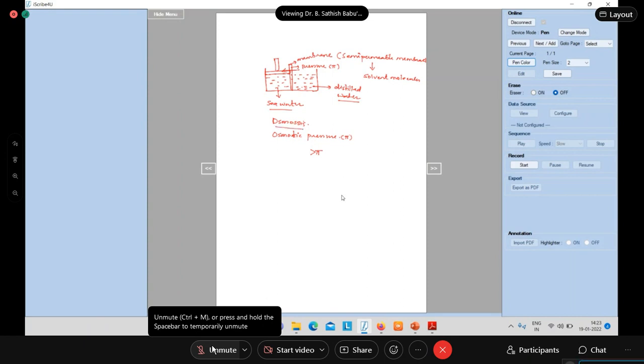And the pressure exerted on this polymeric membrane, that is the semi-permeable membrane, during the osmosis process is called osmotic pressure. And if you apply pressure more than this osmotic pressure on the higher concentration side, then there will be a movement of water molecules from seawater to distilled water. Are you following this?